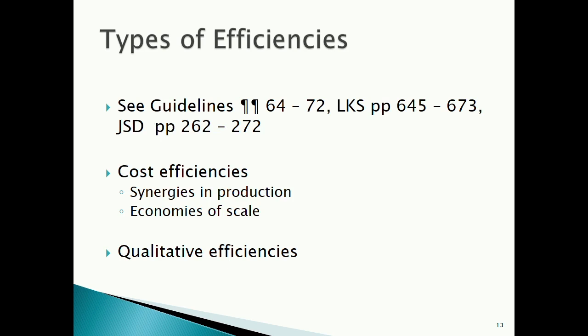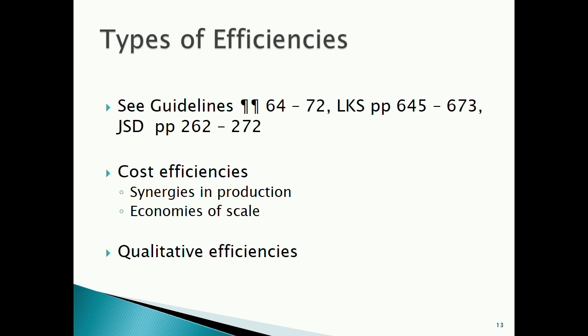Okay. Cost efficiencies are some efficiencies, synergies in production. If two companies agree to cooperate, for instance, they may be able to produce all of their products cheaper through economies of scale, through agreeing upon various processes.